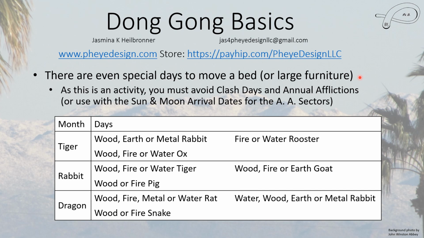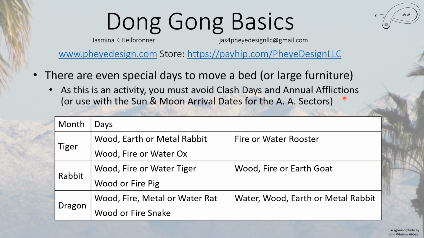Now, moving something, especially something large like this, is an activity. So you must avoid your clash days, if you're living in the place that is, and you must avoid the annual afflictions. That is, moving it into or from or through an area with an annual affliction.